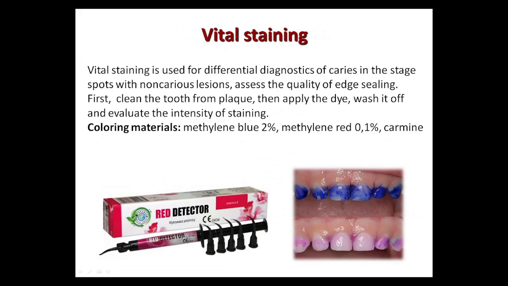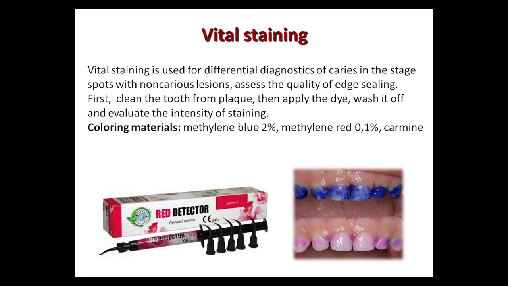Next method, we continue additional methods: vital staining. Vital staining is used for differential diagnostics of caries in the stage of spots with non-caries lesions, and to assess the quality of edge sealing.